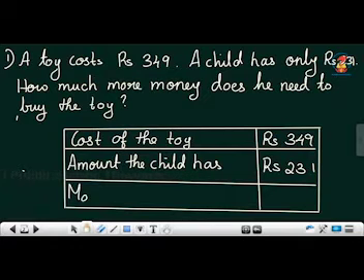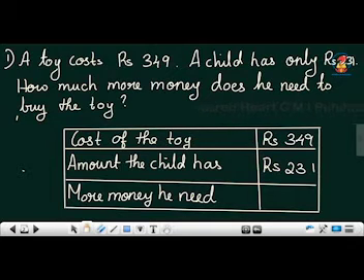So you will write more money he needs. What you have to do? You have to minus. Now tell me the answer, children.